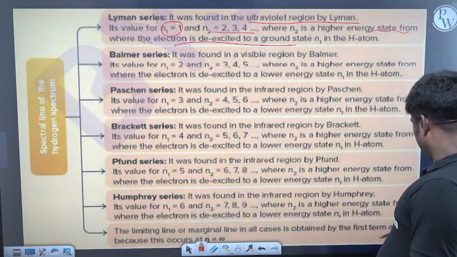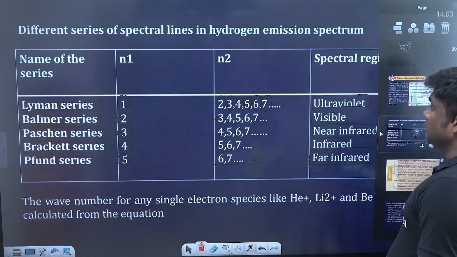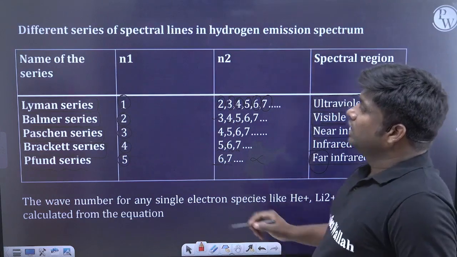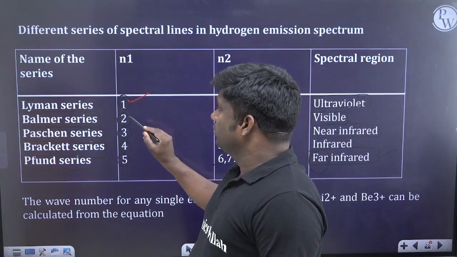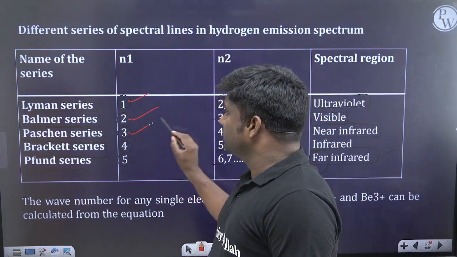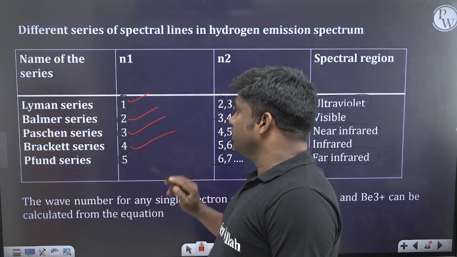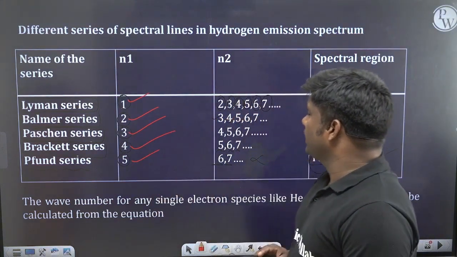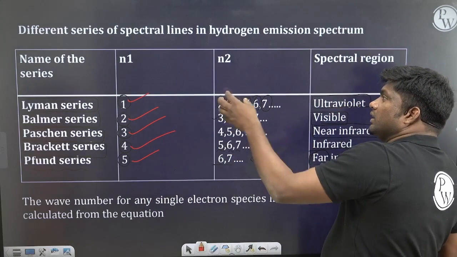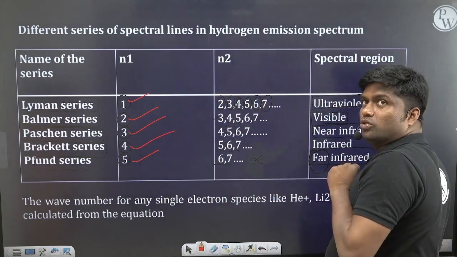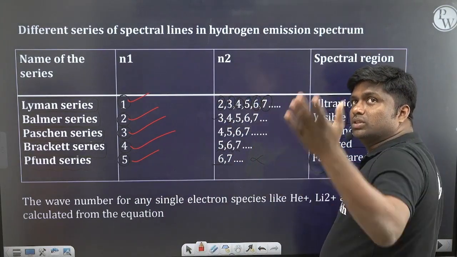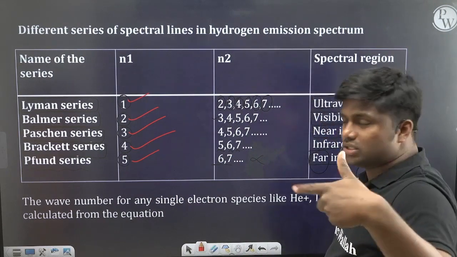Here also we have discussed that. In the Lyman series N1 is 1, Balmer series N1 is 2, Paschen series N1 is 3, Brackett series N1 is 4, Pfund series N1 is 5. If N1 is 1, N2 will be 2, 3, 4, because the electron comes from the second or third level.